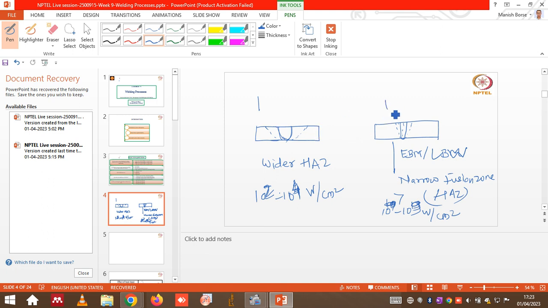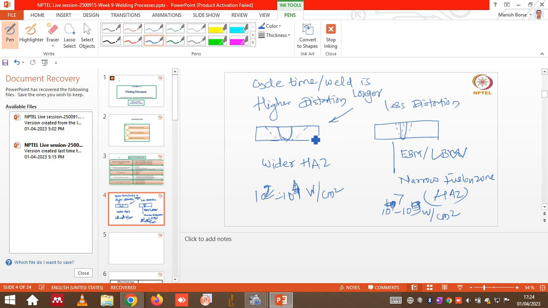Here in conventional processes the distortion problem is more, and another way to say it is that the cycle time, or weld time, is longer.